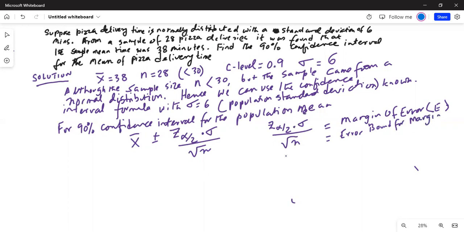And it is important to note sigma by square root of n is equal to the standard deviation of the sampling distribution of x bar.